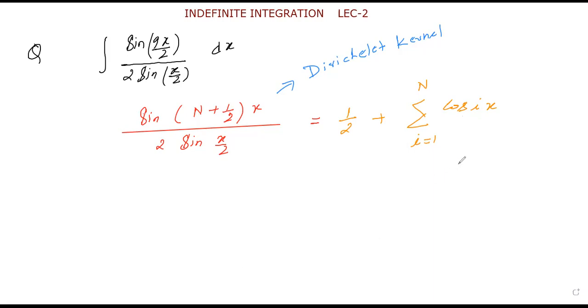After doing this, you will get sine n plus 1 divided by 2 x upon 2 sine x by 2. Or you can take help of an encyclopedia to prove this identity. This is a very famous identity regarding trigonometry in complex numbers, or you can see it in calculus.